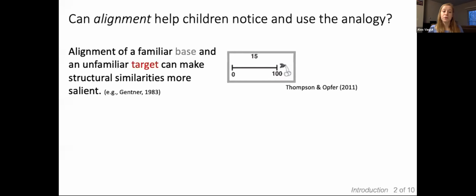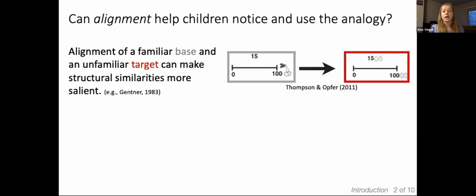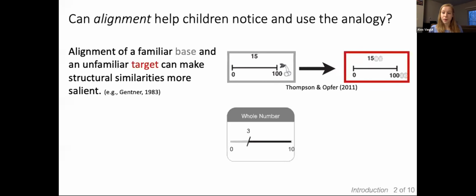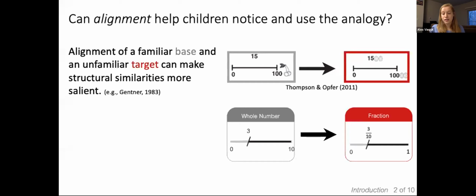For example, Thompson and Opfer showed that using the base of small powers of 10 whole number estimation, so like 0 to 100, was helpful for showing kids how to estimate whole numbers on larger powers of 10, like 0 to 10,000. So we wanted to use this same idea to help kids see the similarities between the whole number base and fraction estimation as the target.